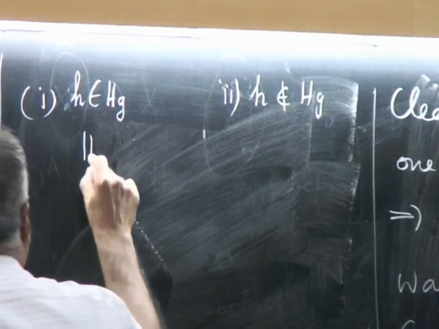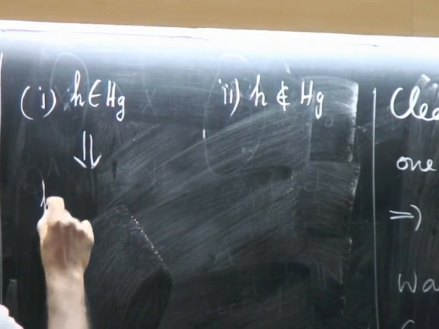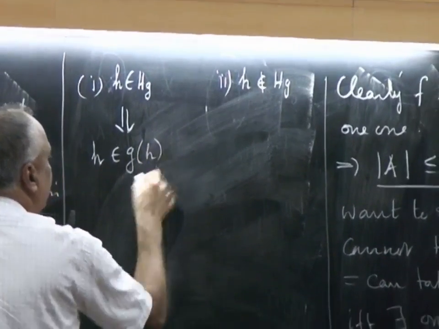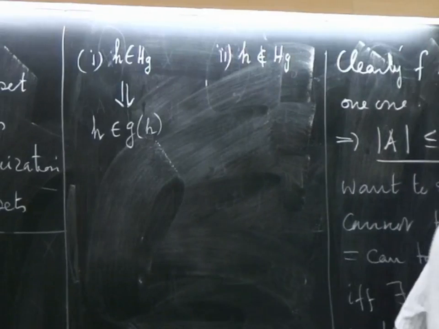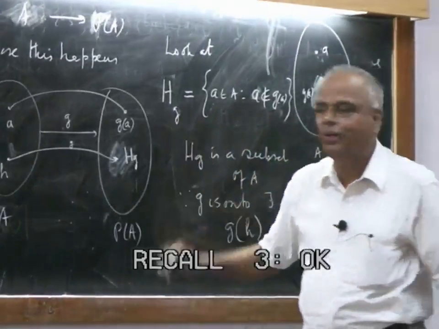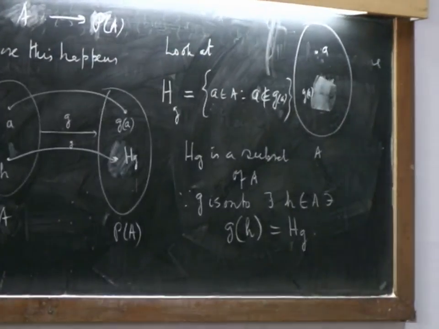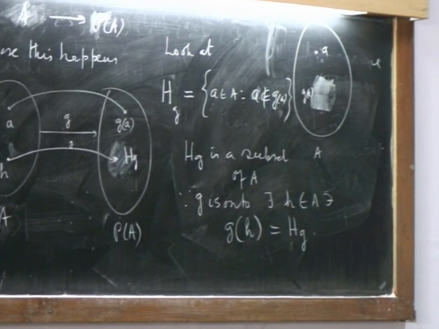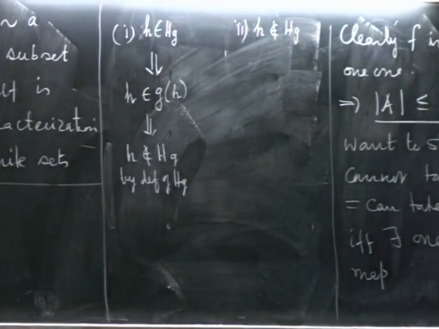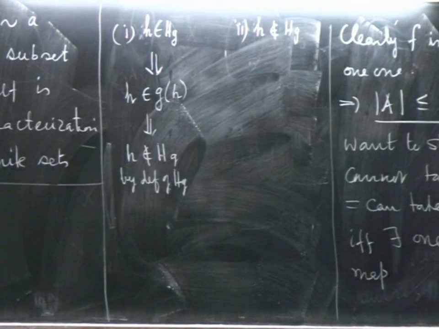Now, if this happens, that says H belongs to G of H. Hg is what? G of H. The moment somebody belongs to his image, you should not go to Hg. He is not qualified to go to Hg by very definition. It says H does not belong to Hg by definition of Hg. And that is a contradiction. If H belongs to Hg, H does not belong to Hg.